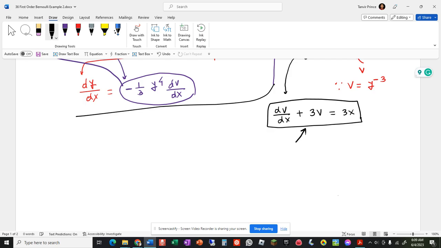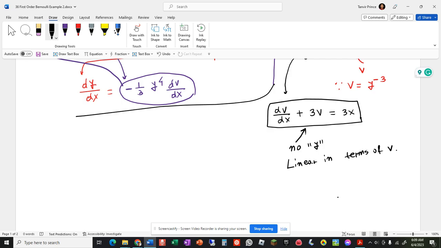So here actually the unknown function is v. So it's linear in terms of the unknown function.